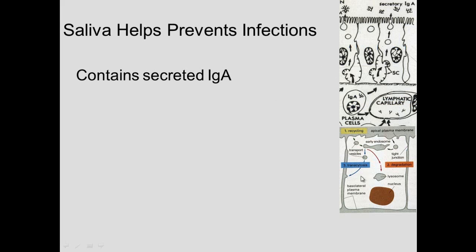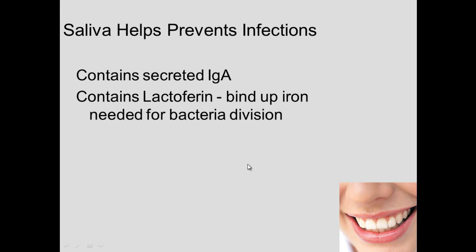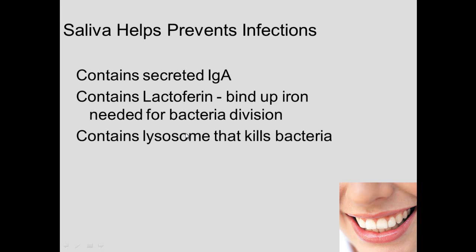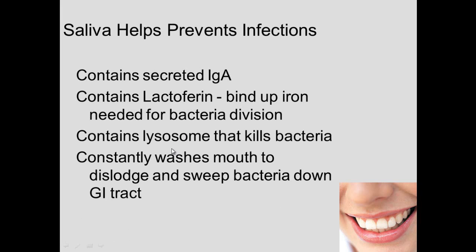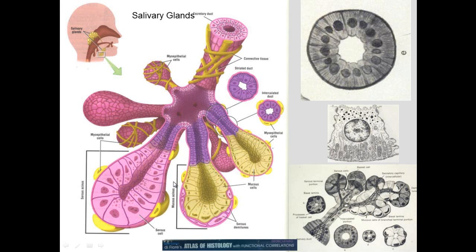Transcytosis, as you know, transfers things from one surface to another surface. Also, it produces lactoferrin, which binds iron that's needed for bacteria to divide, so it prevents bacteria from dividing. Also, lysozyme that kills bacteria, and it constantly washes away dislodging bacteria as you swallow down the GI tract.